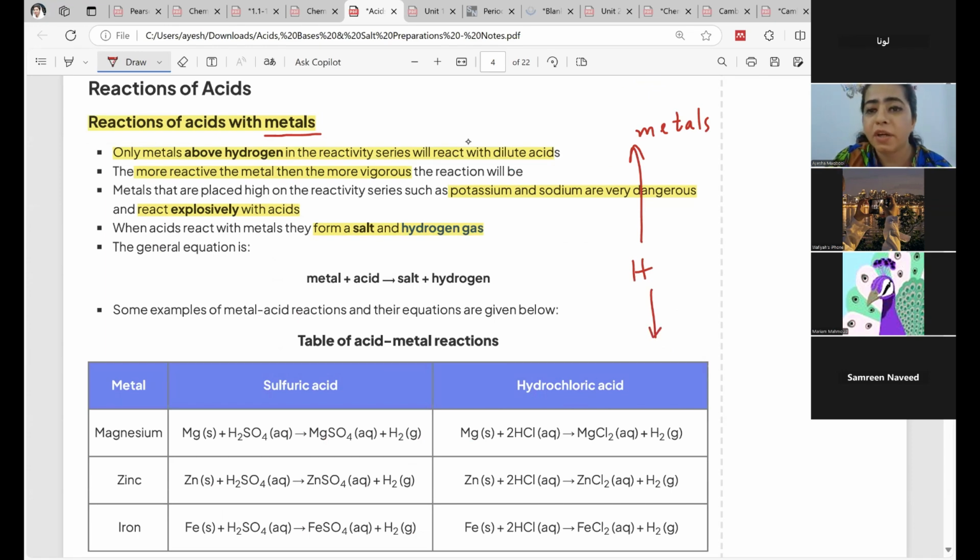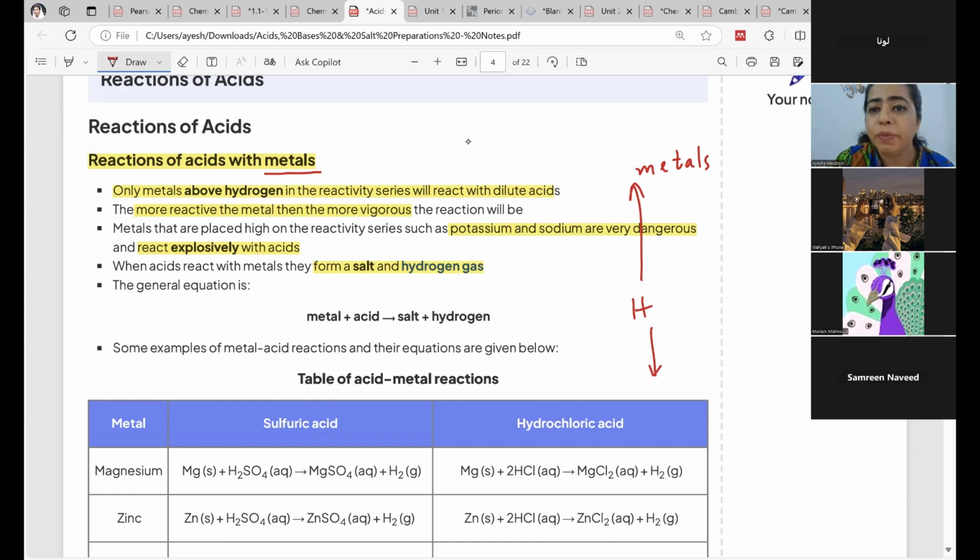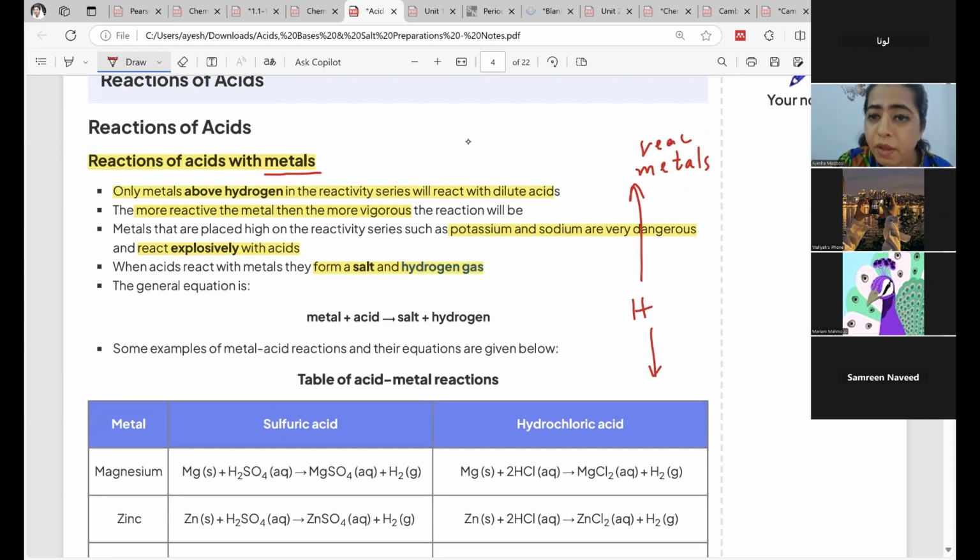The metals above the hydrogen are the reactive metals, the ones below are less reactive, and at the end there will be unreactive metals as well. If any metal has to react with acid, the metal should be above the hydrogen.